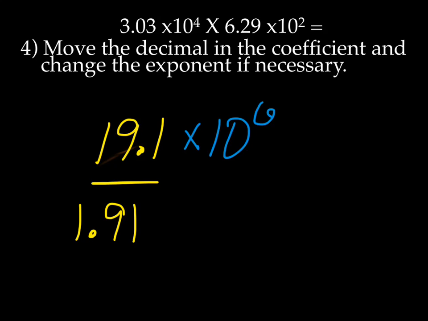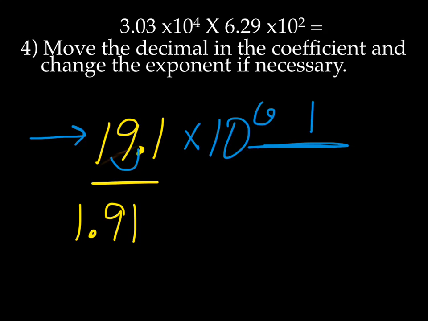All right, then we need to take note of how many times we moved the decimal. We moved it once. And because it's an exponent, I'm going to put that number back up here with the other exponents. Okay, and now remember we have to figure out the sign of the exponent, whether it's positive or negative. So we look at the original number, 19.1. Is that a big number or a small number?